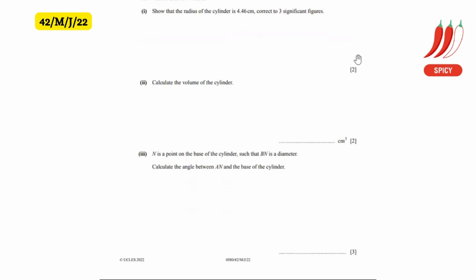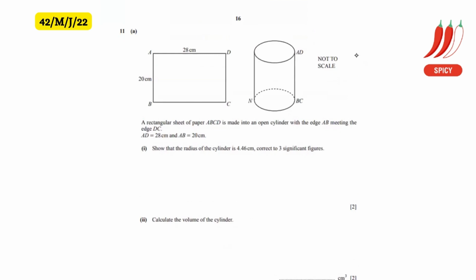The next part says that N is a point on the base of the cylinder such that BN is the diameter. Calculate the angle between AN and the base of the cylinder. So BN is the diameter. Basically, we can see that we have this right angle triangle over here.